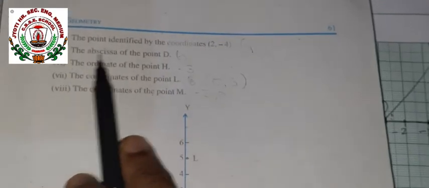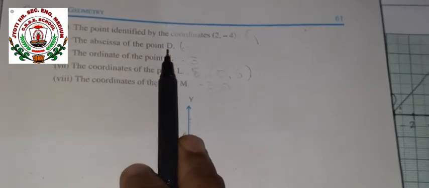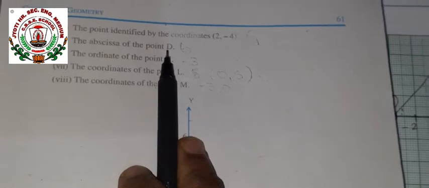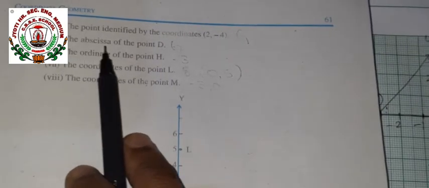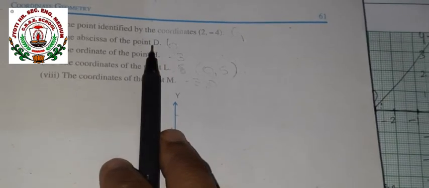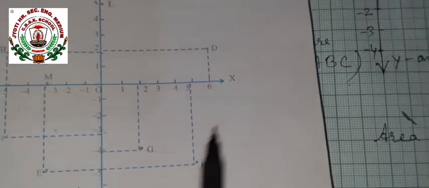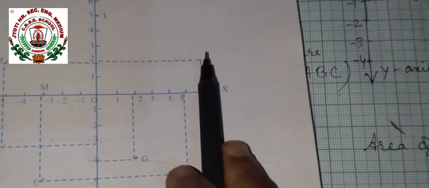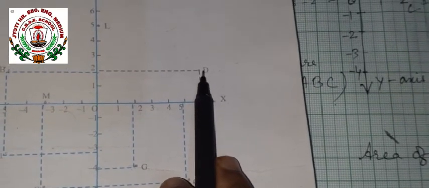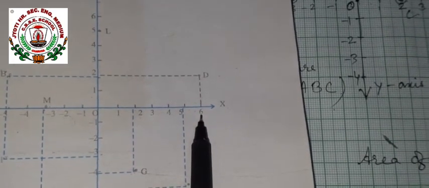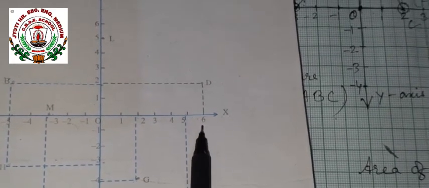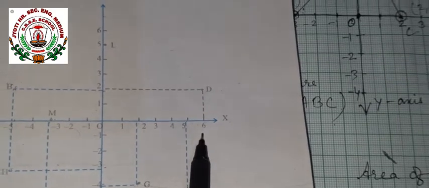Now abscissa of the point D. Abscissa means, as I said, x-axis value. Ordinate means y-axis value. So abscissa of point D. Where is the point D you see first in the figure? Where is D? Here. So this D point, where it is touching that x-axis. See that? Which point it is? 6. So you can write the abscissa of D is 6.